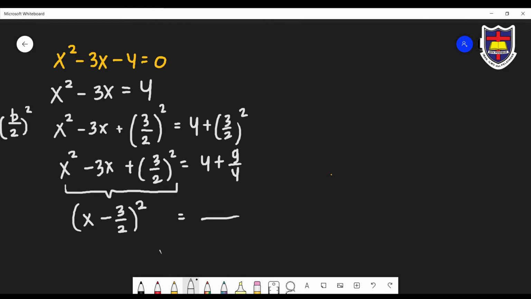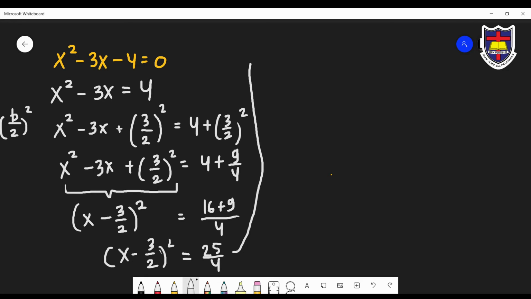Or for this one we can write 16 plus 9, so we have (x minus 3 over 2) squared equals 25 over 4. So we can find the square roots of both sides: the square root of (x minus 3 over 2) squared, and the square root of 25 over 4.